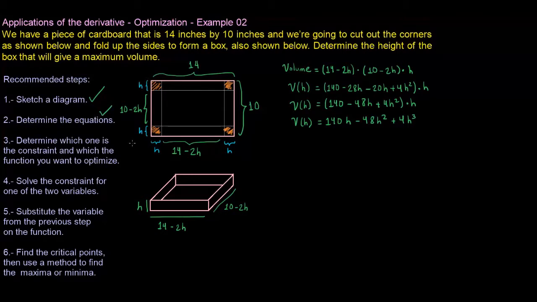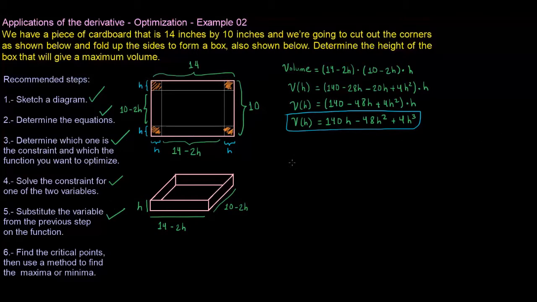So number 2 is done, and as well number 3, as we have no constraint, this volume is the function we want to optimize. But there's no need in this case to do the fourth step because there's no other equation to substitute and to isolate for. So we are going to jump directly to the sixth step.